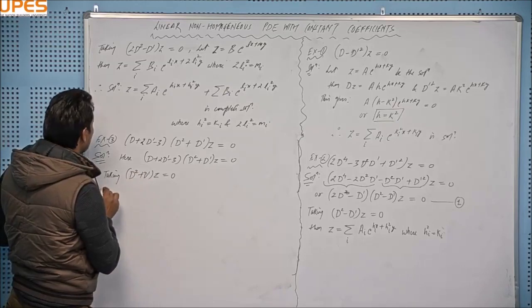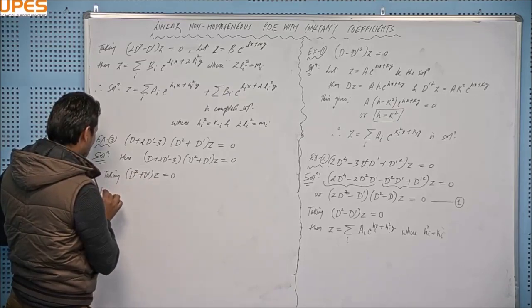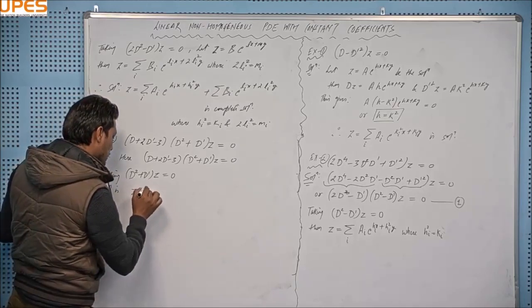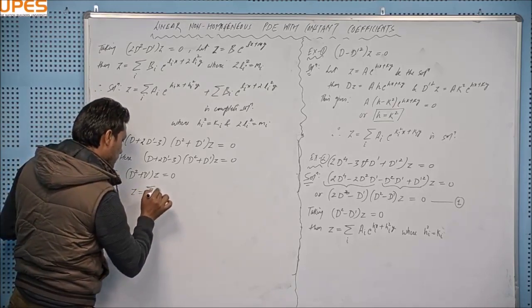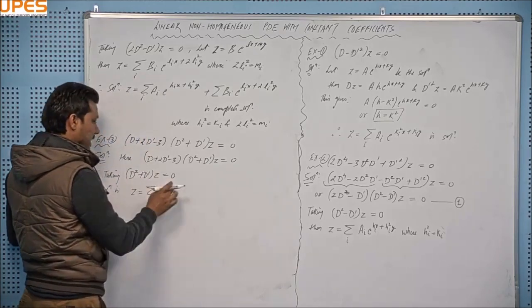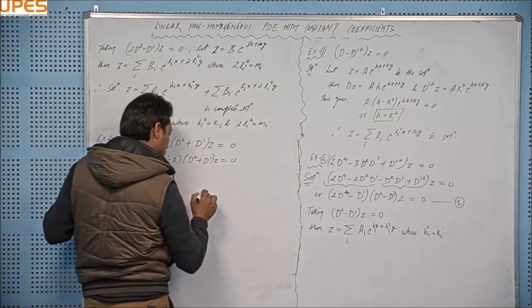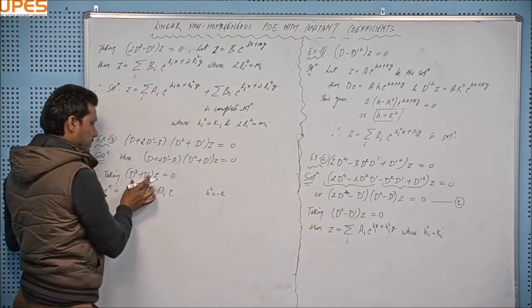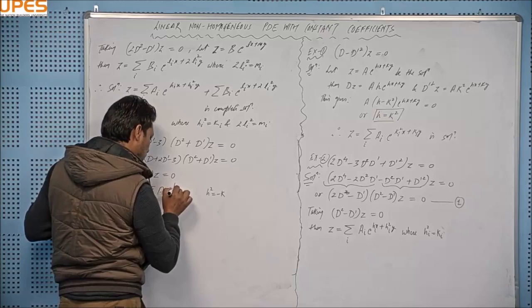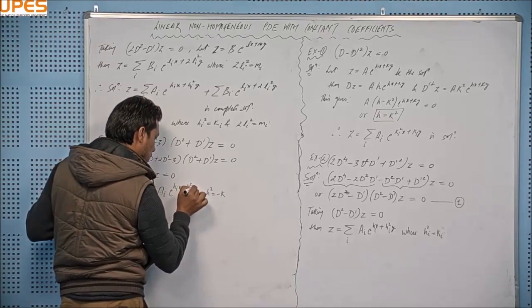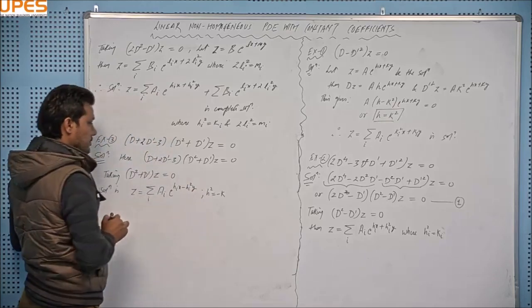Should I write the solution directly? Yes, that is very easy. Z is equal to summation a_i e to the power hx plus ky, where h square equals minus k from here. So h_i x plus k y, and k is replaced by minus h_i square y.